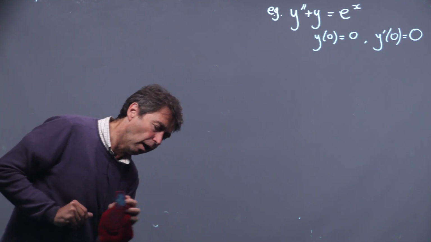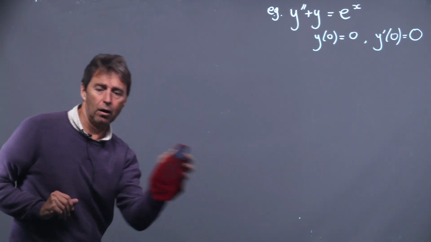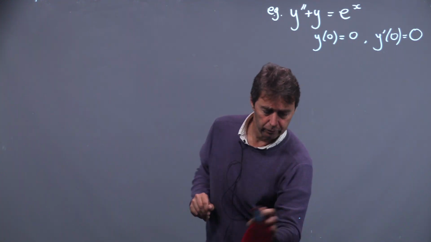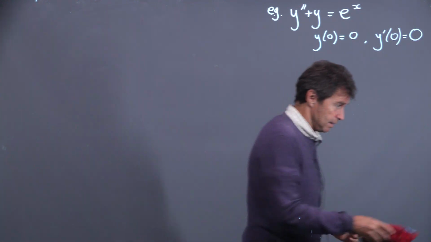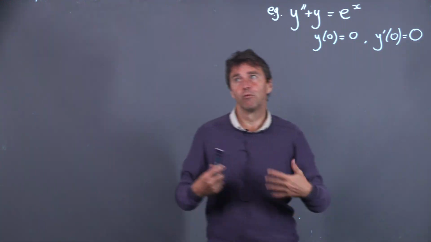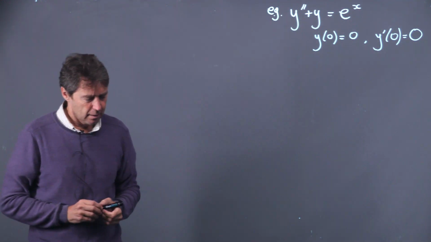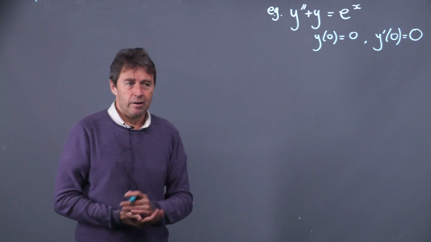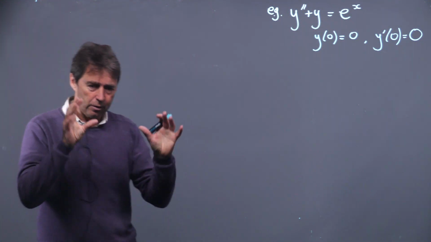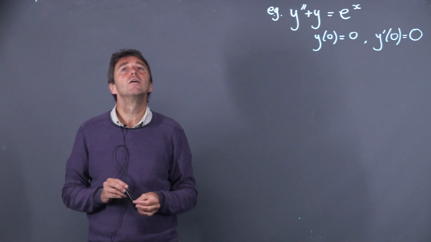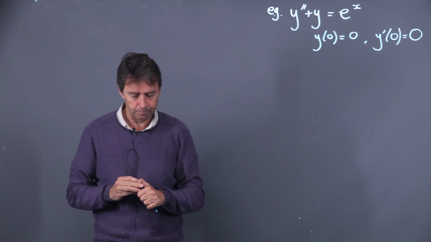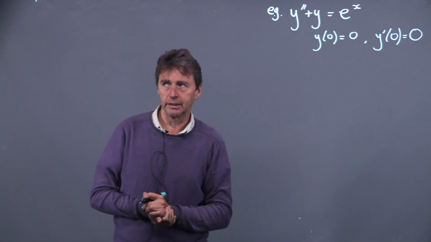Now, there are ways of finding this particular solution, yp, that don't use educated guesswork. It's a more formulaic approach. There's something called a Green's function. Variation of constants, reduction of order. Those are methods that allow you to figure out what the particular solution is without educated guesswork.